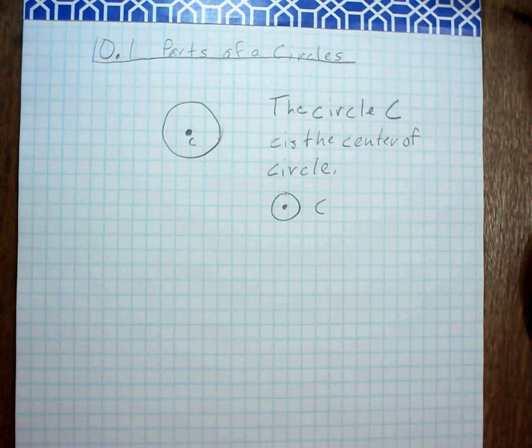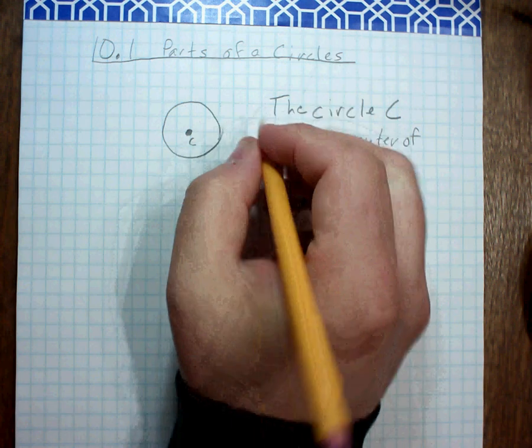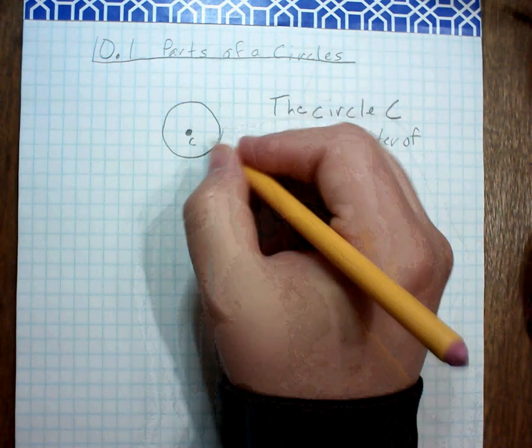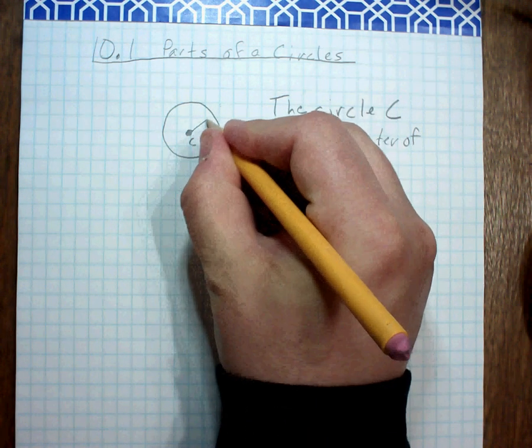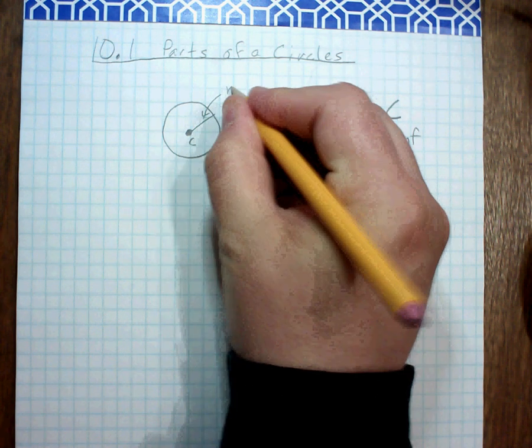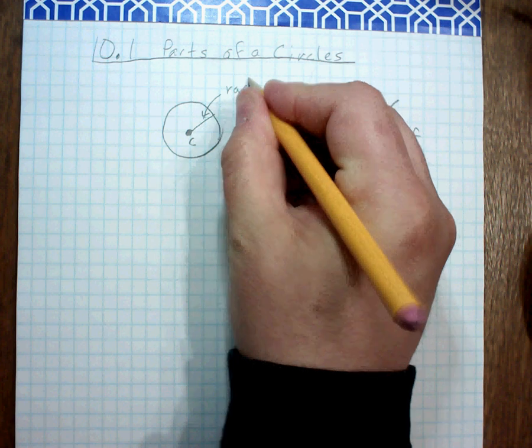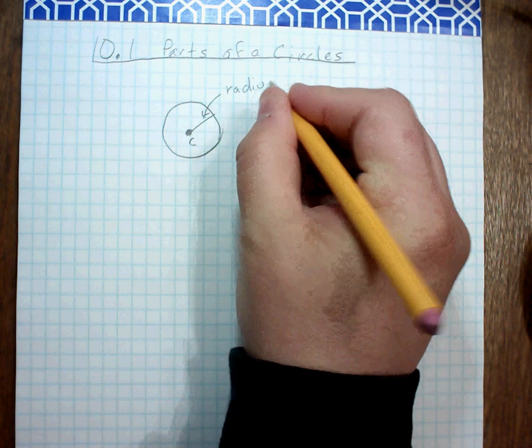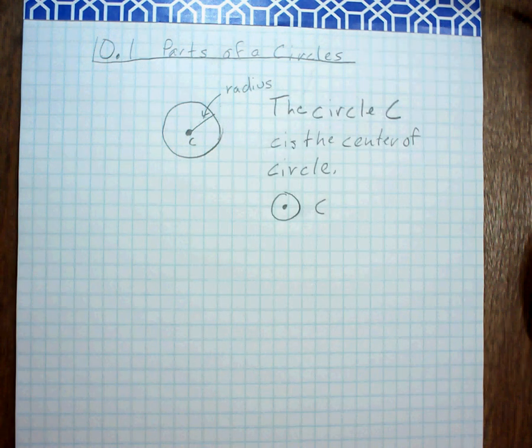And then other parts of the circle would be, if I went from the center of the circle out to the edge of the circle, we would call this the radius. Now the radius is from the center of the circle out to the edge or the circumference.